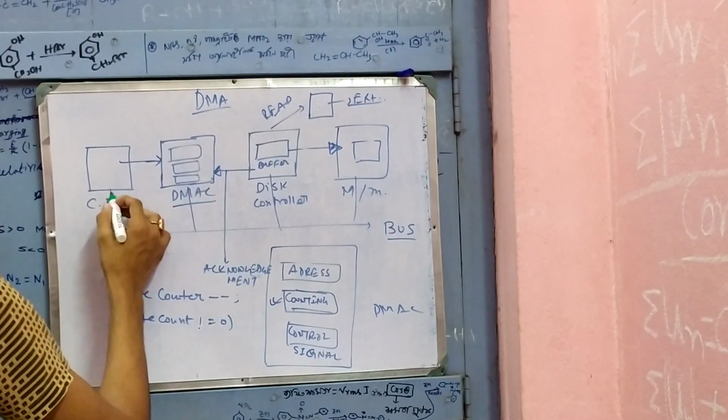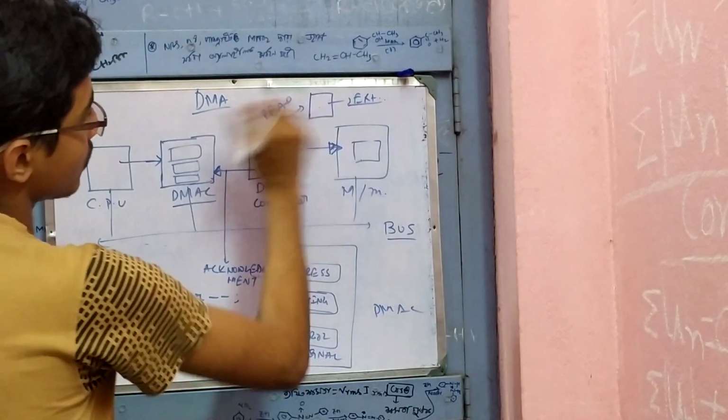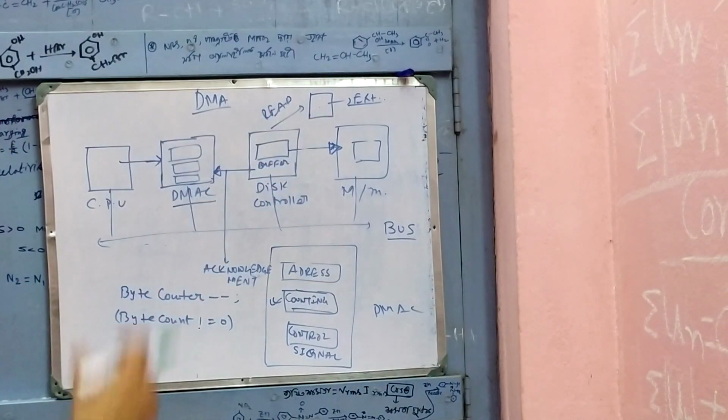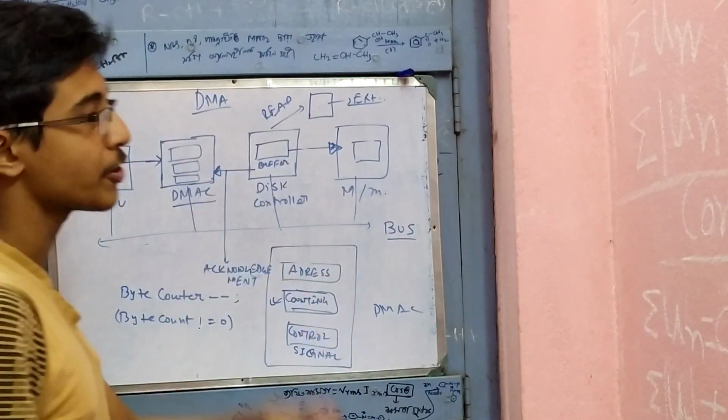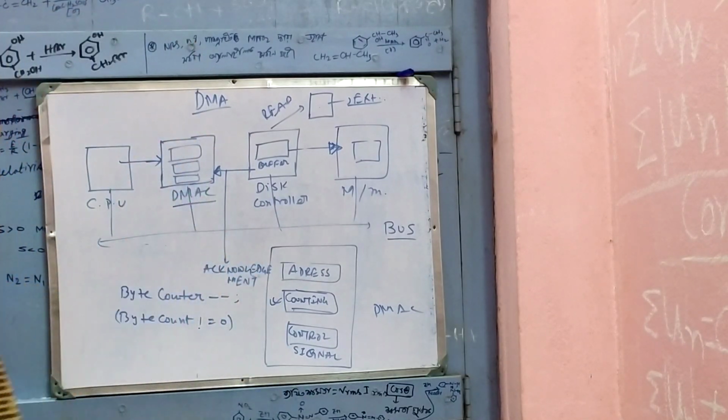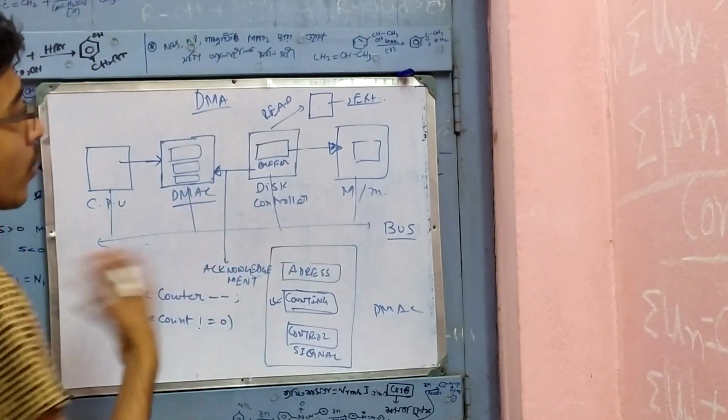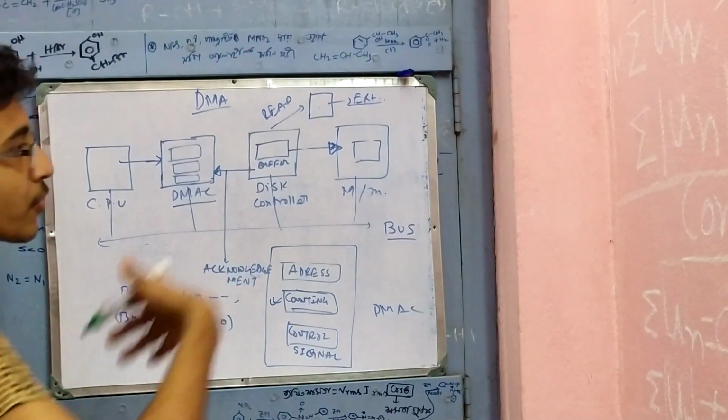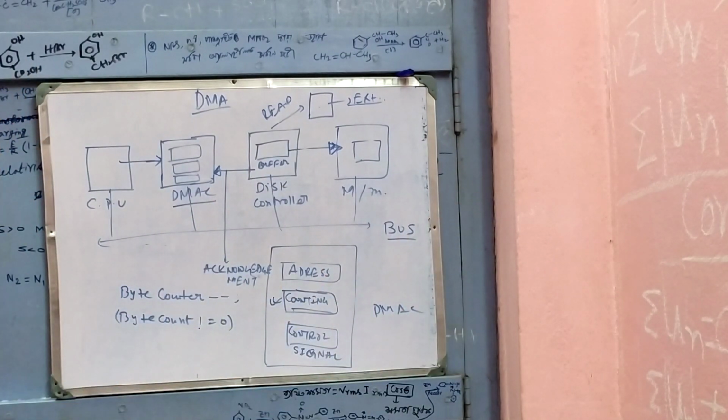What have we done? The CPU tells the disk controller to read the data from the external device and take it to the buffer. Then the DMAC tells the disk controller, your data, throw it to the main memory. After that, it sends an acknowledgement to the DMAC, yes, I have completed.